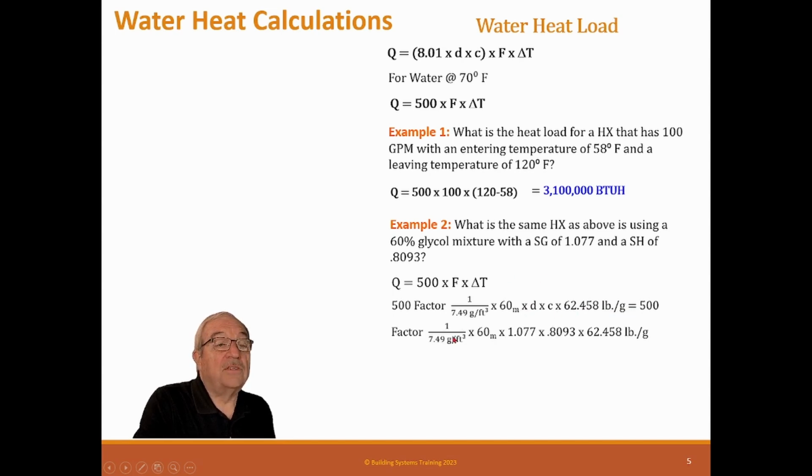So in this occasion, it's this formula: 60 times 1.07, which is the density, specific gravity, times 0.8093, which is a specific heat.